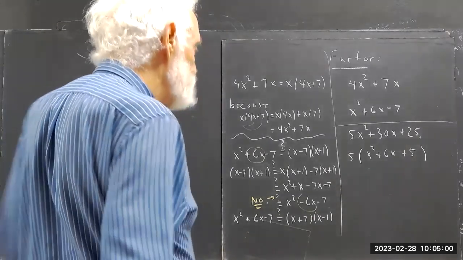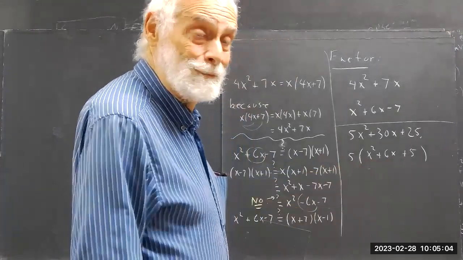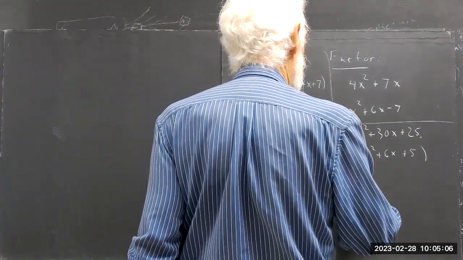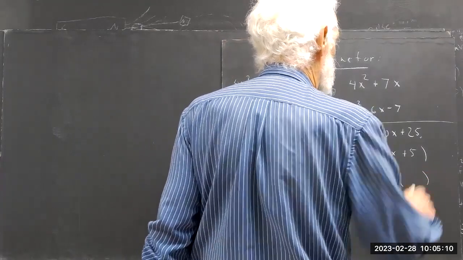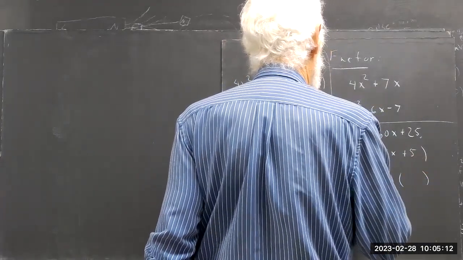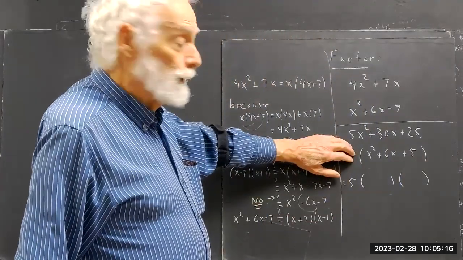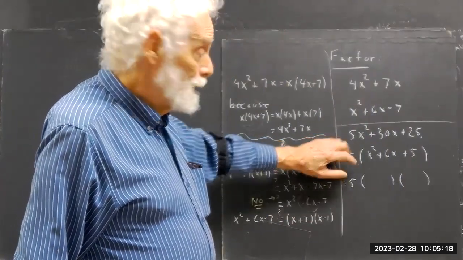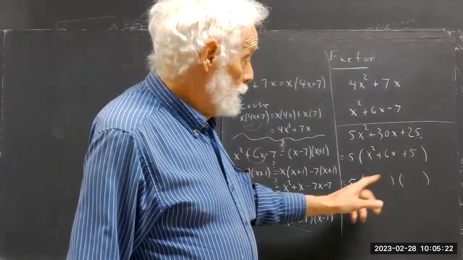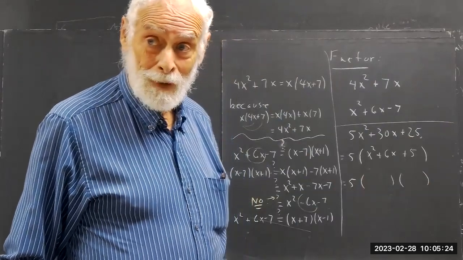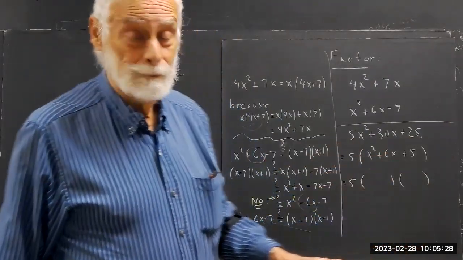Now, can you factor this? Don't even look at that 5. Even if you need to, write this out over to the side someplace and then fill in what you get. The 5 has got to be there, but don't let it confuse you.